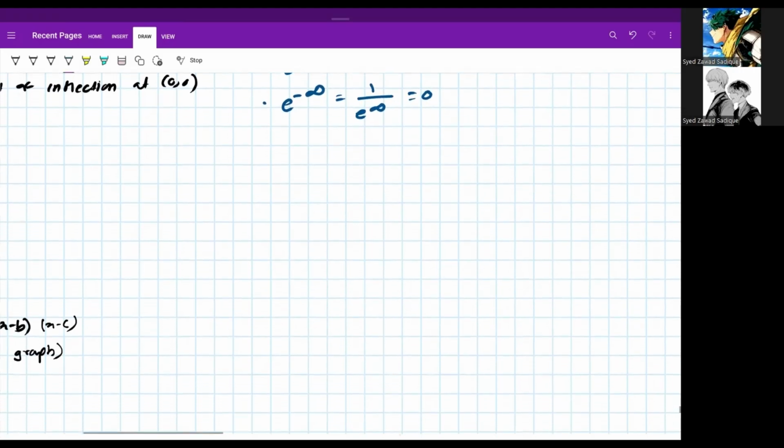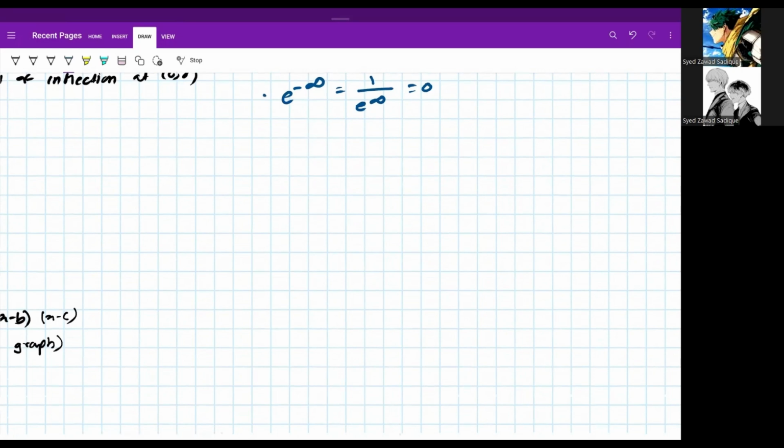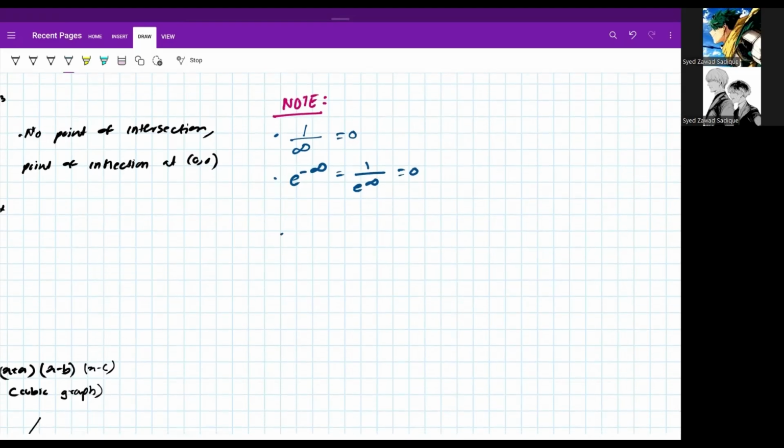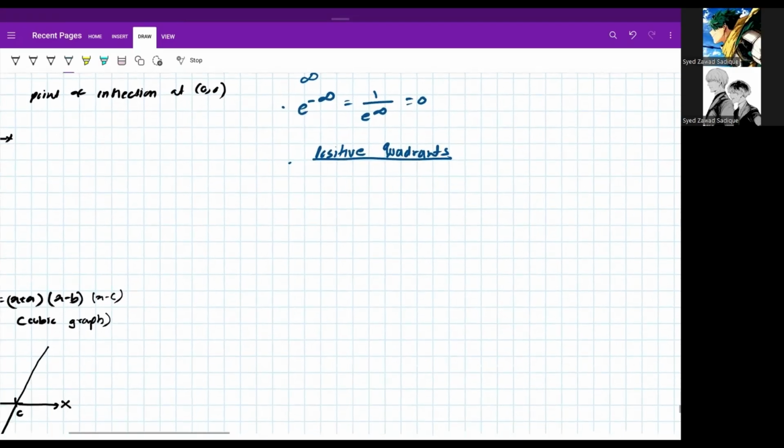What else? Then, when thinking of quadrants, let's say positive quadrants, many students face difficulty. So this is the positive quadrant.